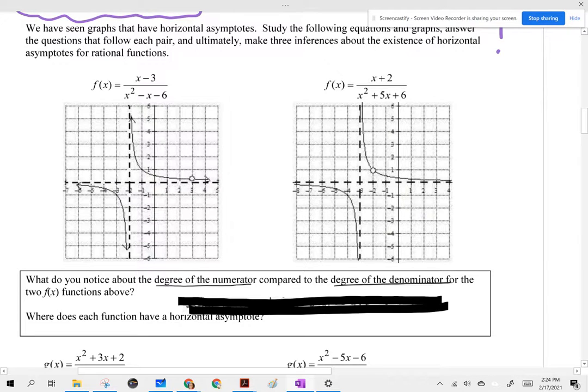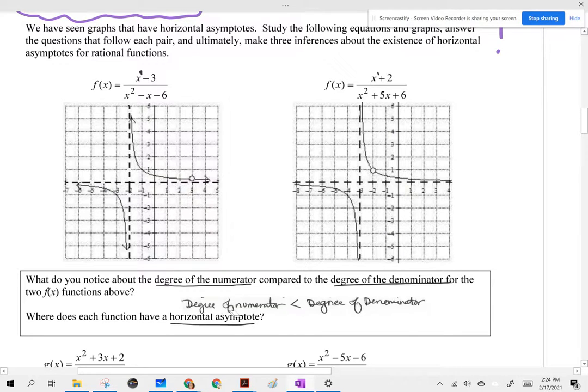So if we were to take a look at the degree of the numerator, that would be a 1. Remember, it's a 1 if it's just the highest exponent of the variable. So take a moment and tell me what you notice. And then also try to identify the equation of the horizontal asymptote.